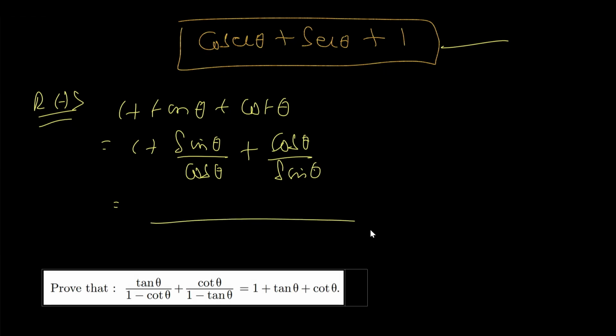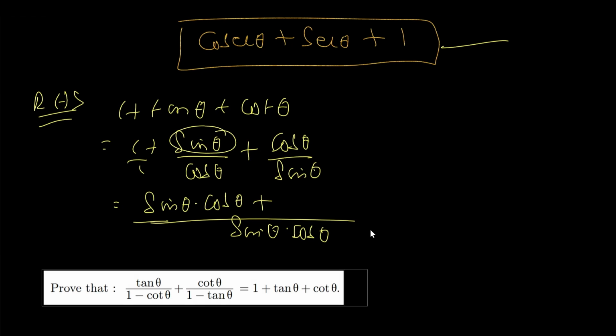So if I take the LCM, this is going to be sine into cos. Sine theta dot cos theta is the LCM. This will give you sine into cos, 1 multiplied, plus sine multiplied by sine is sine square theta, plus cos multiplied by cos is cos square theta.